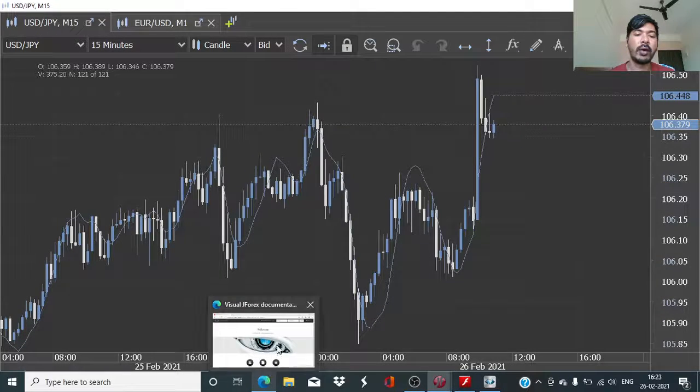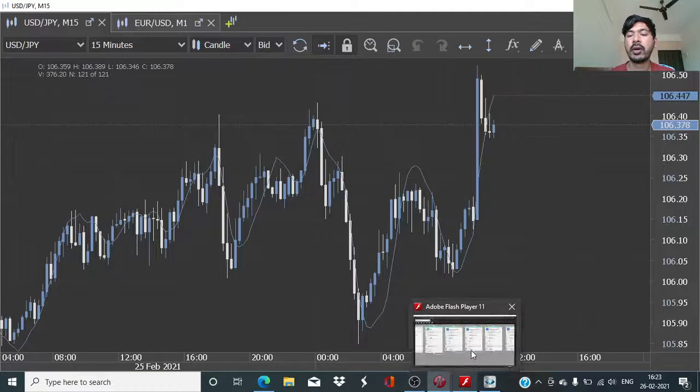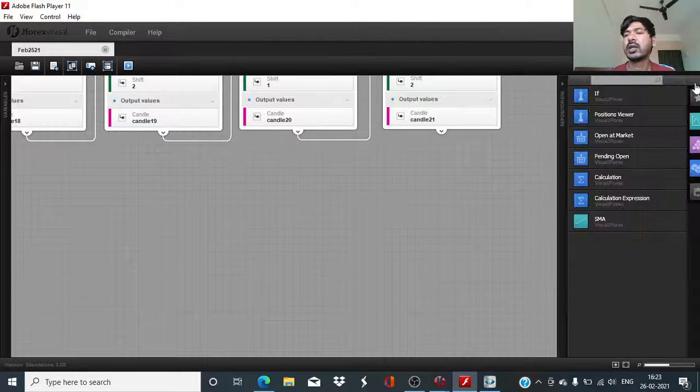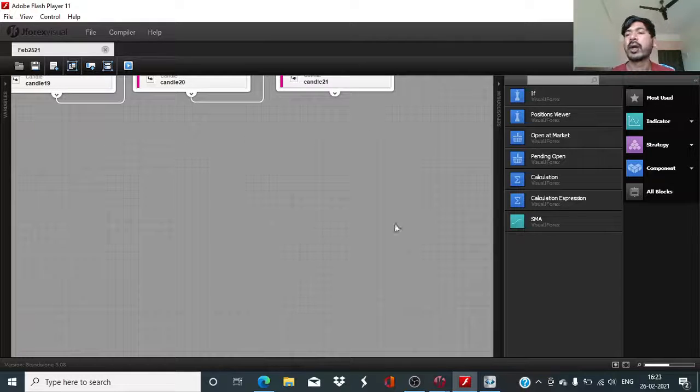So we will have to define that on the Visual Jforex board using the calculation expression, and then we will also have to look at the actual price difference.